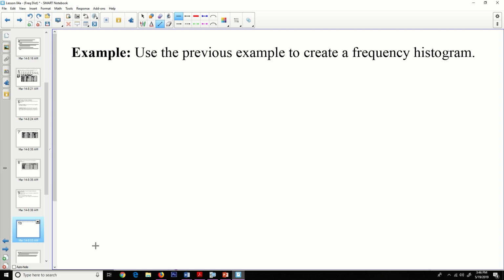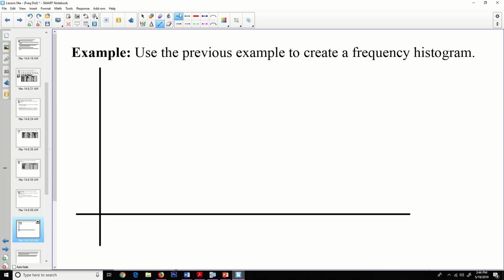So again, we're going to make a scale here. And so along here, our first one will be 64 to 72. And then this one will be 73 to 81. And then this one here will be 82 to 90.